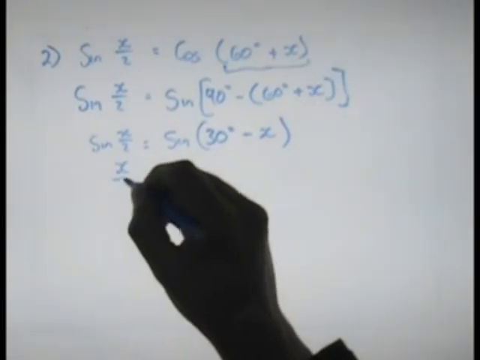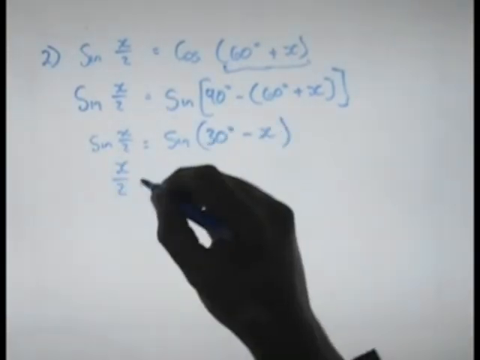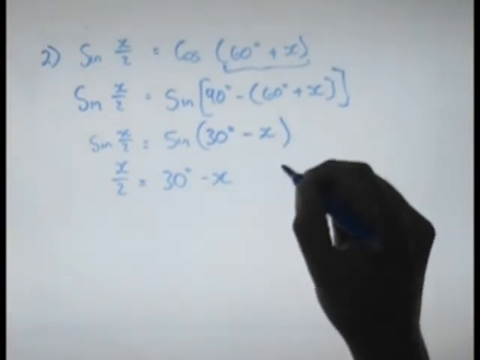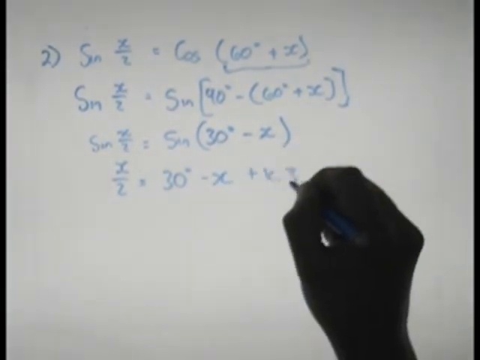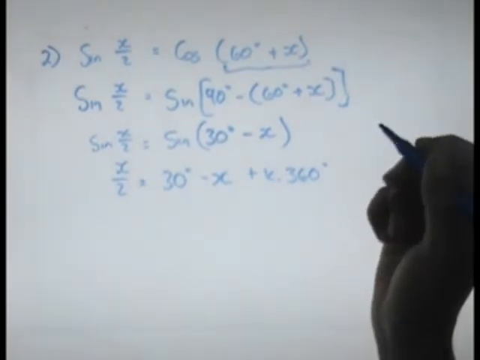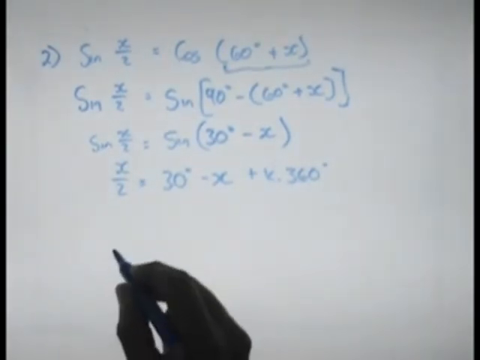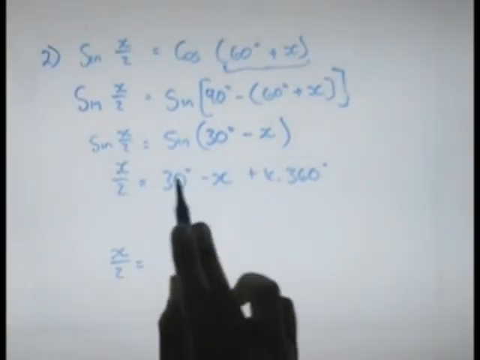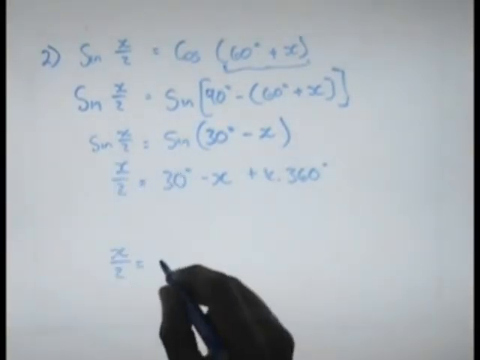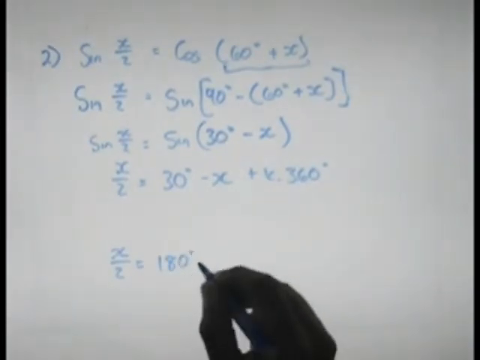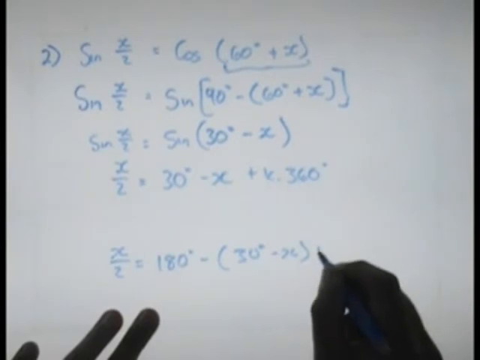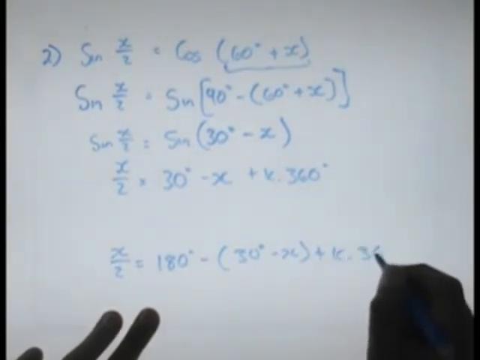That means that x over 2 is either equal to 30 degrees minus x plus k times 360 degrees, or x over 2 is equal to, what's the other quadrant we work with sine? 180 degrees minus 30 degrees minus x plus k times 360.